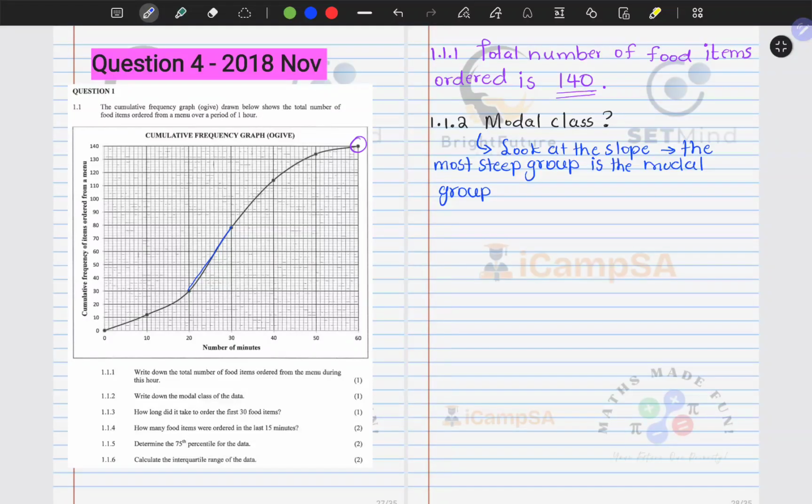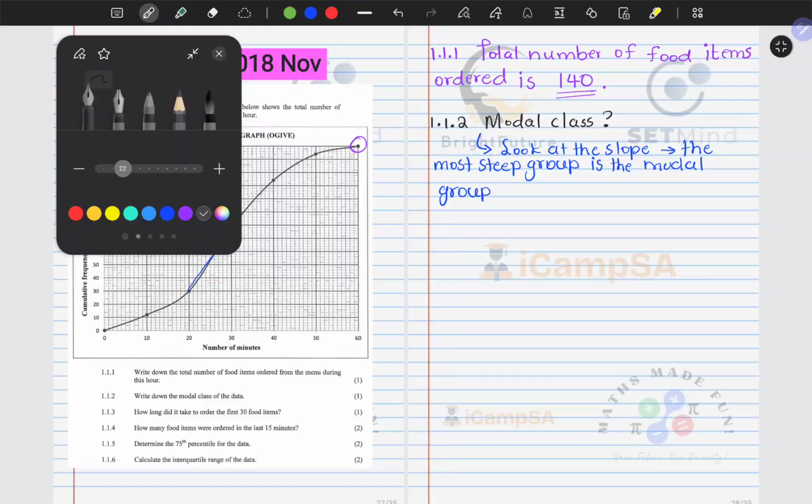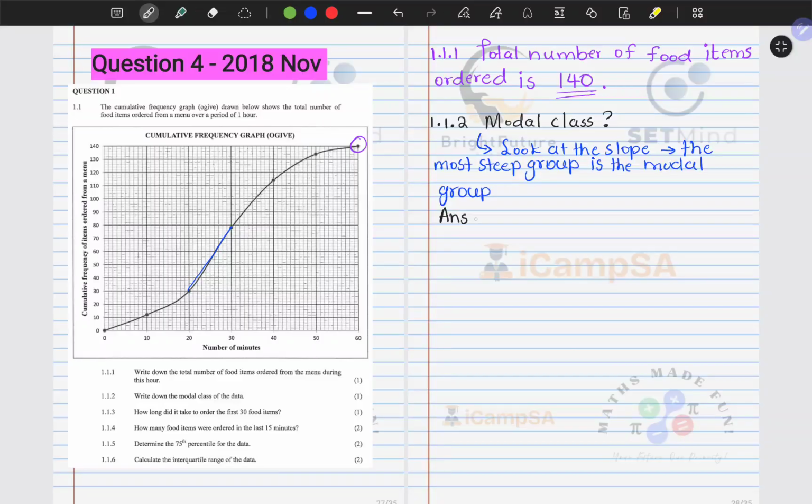So that is why our modal class will be our x value being between 20 and 30. So what we are going to say is that our answer for this, which is our modal class, is going to be x inclusive of 30, but excluding 20. Okay, very important. I hope that you guys understand.